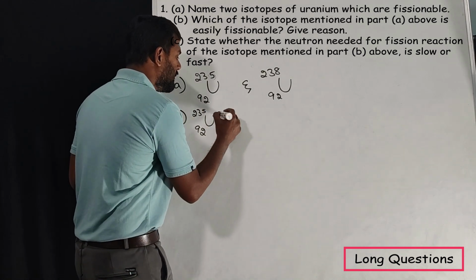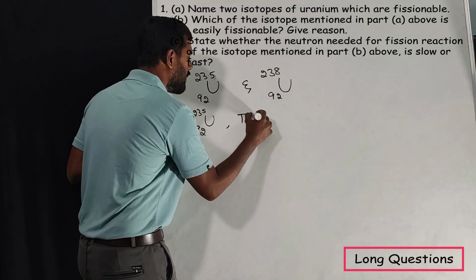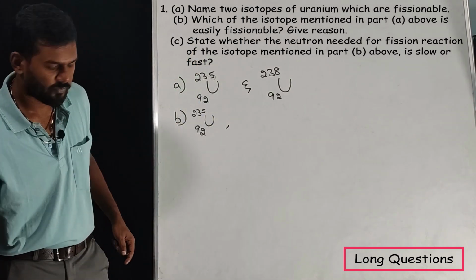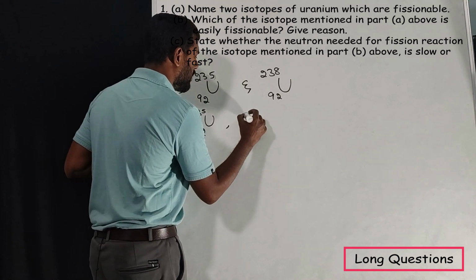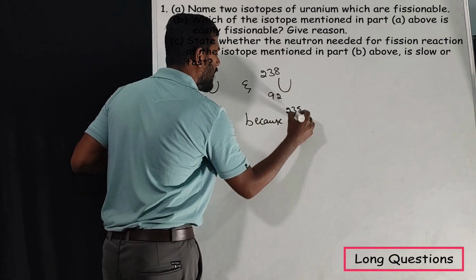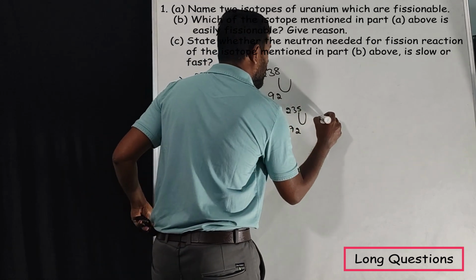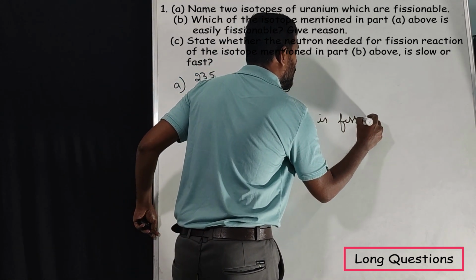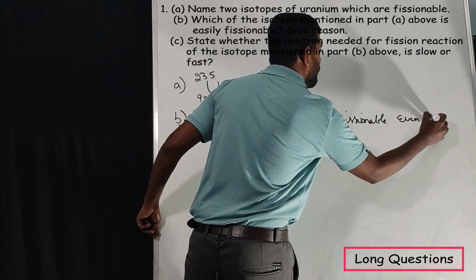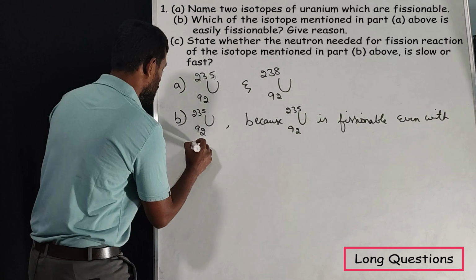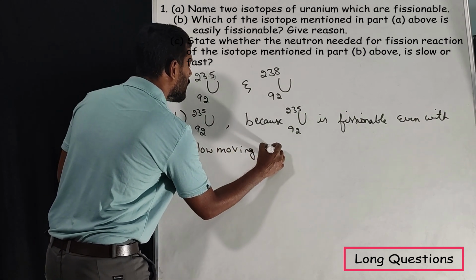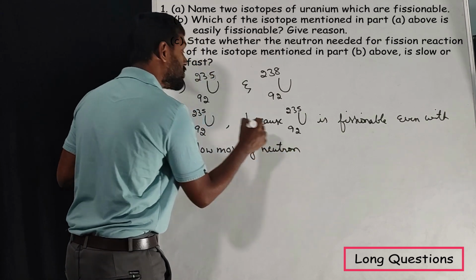Because uranium-235 92 is fissionable even with slow moving neutrons. Even with slow moving neutrons.